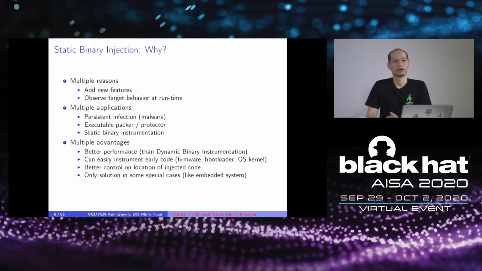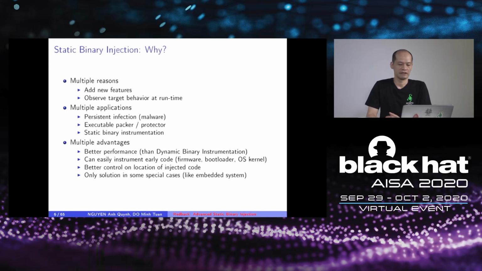There are many good reasons why you want static binary injection. We can inject code into a program to add new features, or inject code into the program to observe the target behavior at runtime. Static binary injection has many applications.